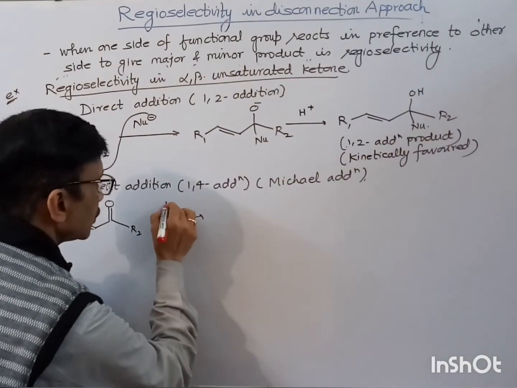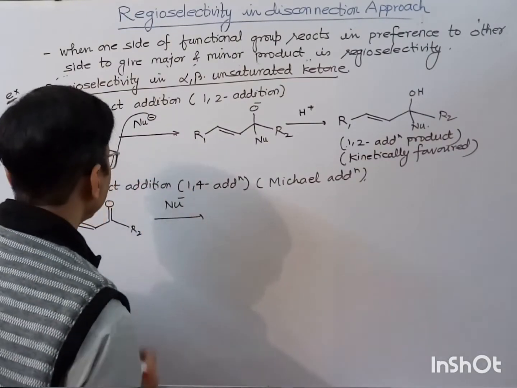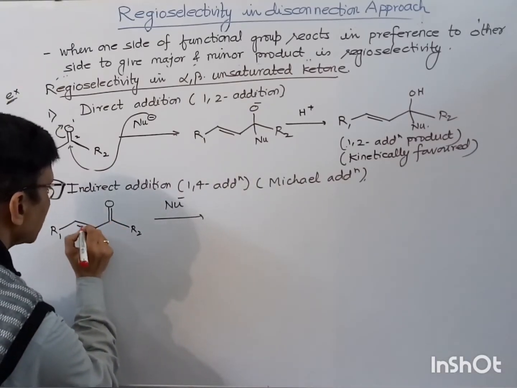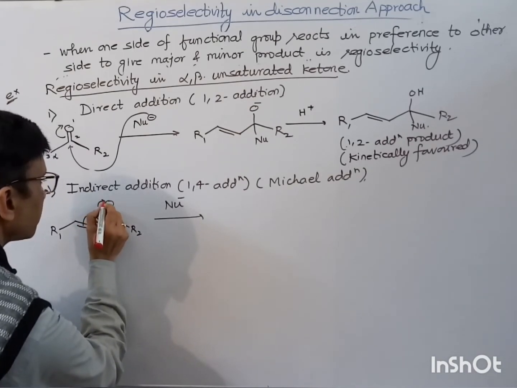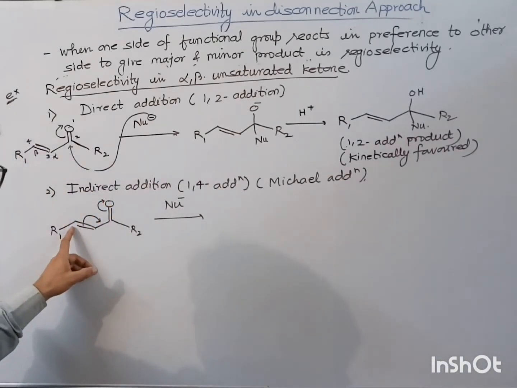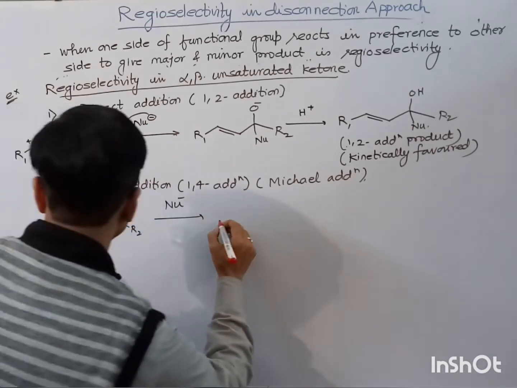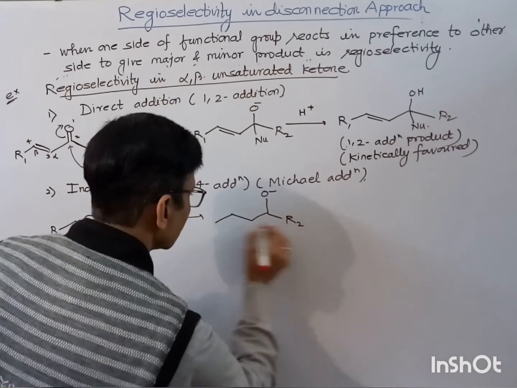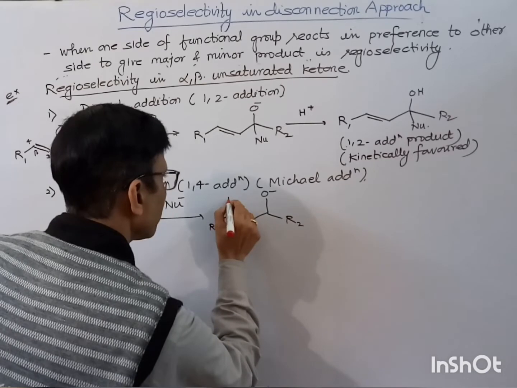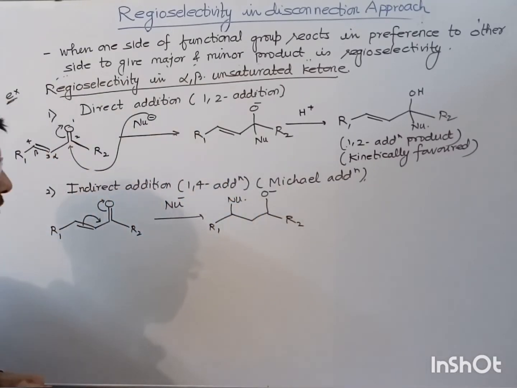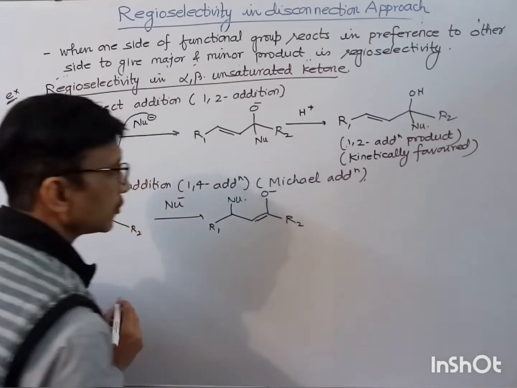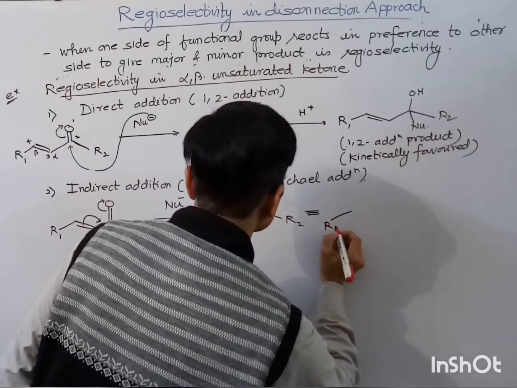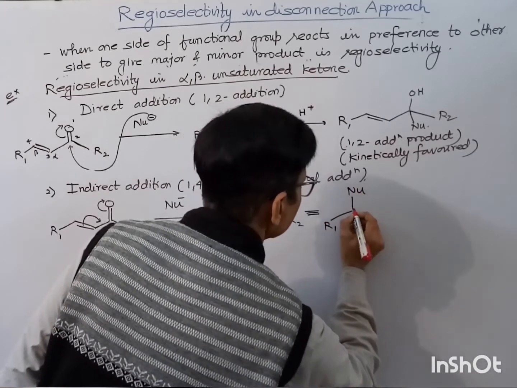So the nucleophile can also add at the 1 and 4 position. So a positive center will develop over here, and the nucleophile can add over here also. And the double bond, so we can write it. So this is the enol form, and we can write it in a keto form also.